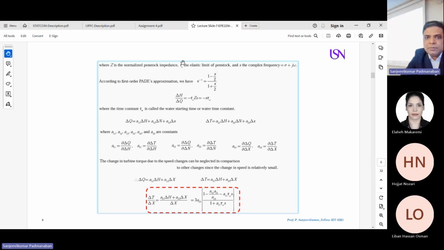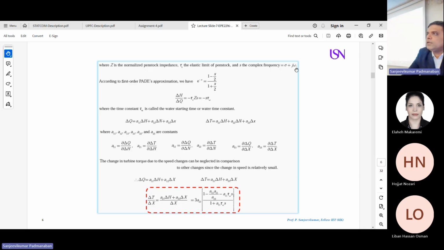And I spoke about the time constant, which is the elastic limit of the penstock. So the time constant tau E is the elastic limit of the penstock. And s is the complex frequency. Why do we make the whole system in the s domain, in the Laplace domain? Because you get it in terms of frequency. s is equal to j omega. So s is a complex function. So you get sigma plus j omega.